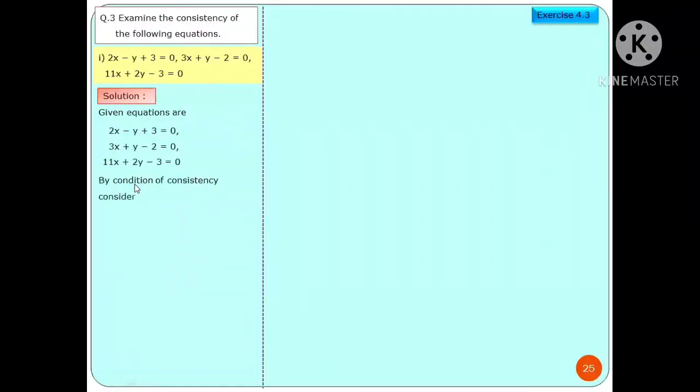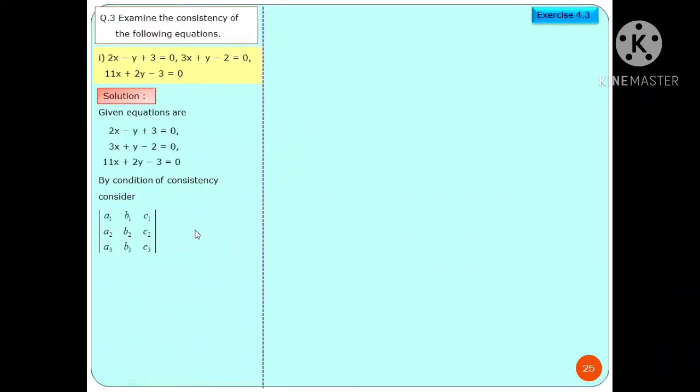By the condition of consistency, consider the determinant of the coefficients of x column, coefficients of y column, and constants. In standard form we write a1, a2, a3, b1, b2, b3, and c1, c2, c3. The coefficient of x is the first column, the coefficient of y is the second column, and constants the third column.